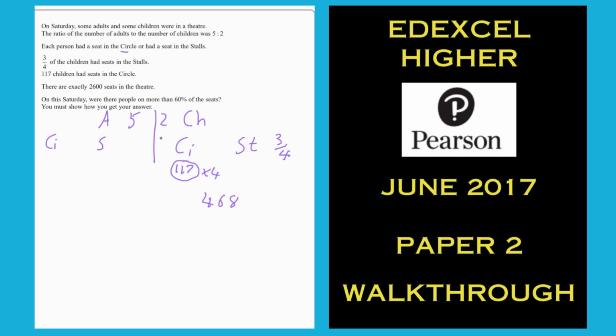Once you know that, we can go back up to here. Don't forget, when you're told a ratio, you're told a bit more than that. You're told fractions. You could call it 5/7 and 2/7. You could say, and I'll do it this way, that to go from 2 to 5, in other words, to go from children to adults, you have to times by 2.5.